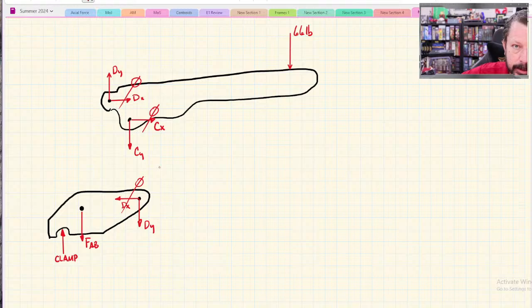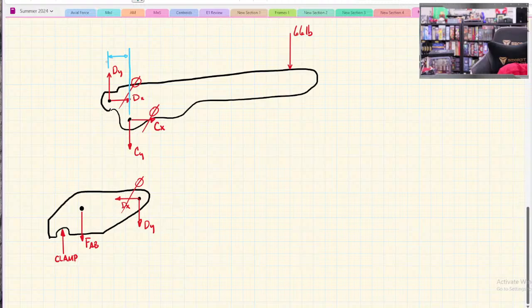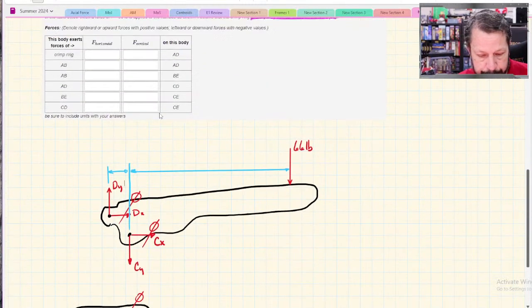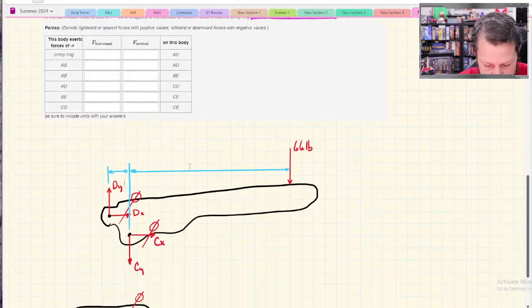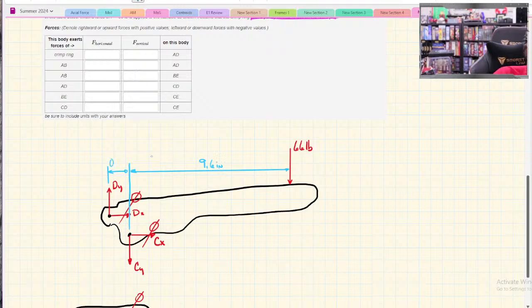It really just becomes 2 problems like the first one we did. So I end up with this dimension and this dimension, and I believe they give me those: 9.6 inches and 9.6 inches here, and I think this was 0.86 inches here.